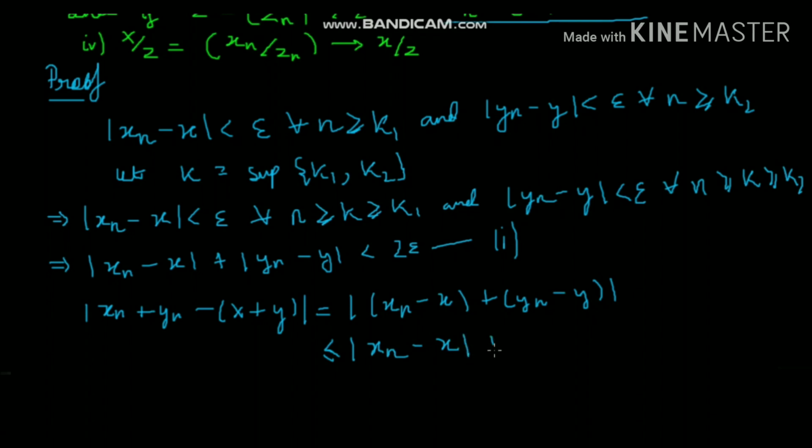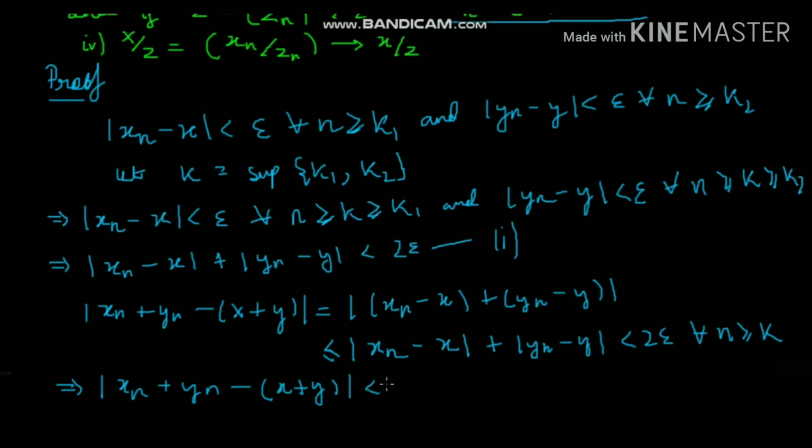Then applying the triangle inequality, we get that it is less than or equal to mod of xn minus x plus mod of yn minus y. And further we know that this quantity is less than twice epsilon for all n greater than or equal to k. So we finally write that the mod value of xn plus yn minus x plus y is less than epsilon prime, where epsilon prime is twice epsilon, and this is true for all n greater than or equal to k.